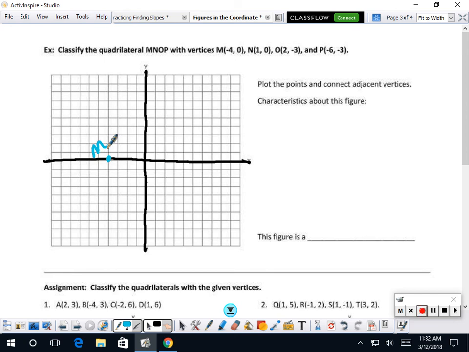I'm going to plot point N at +1, 0. O is at 2, -3. And P is at -6, -3. Now I'm going to connect our points here.